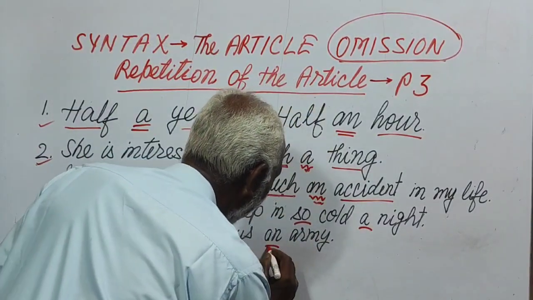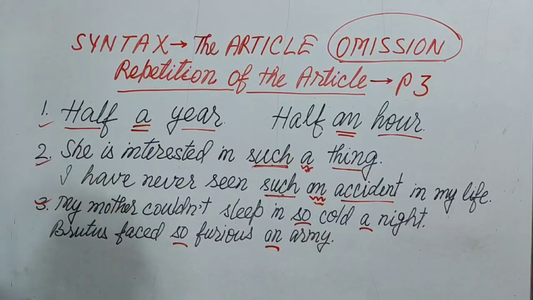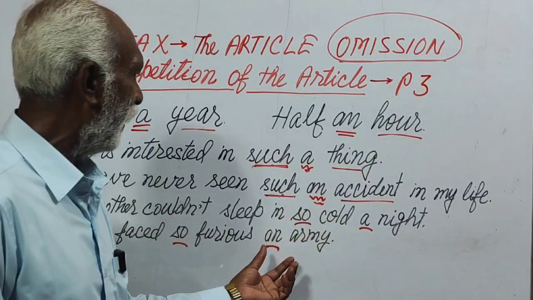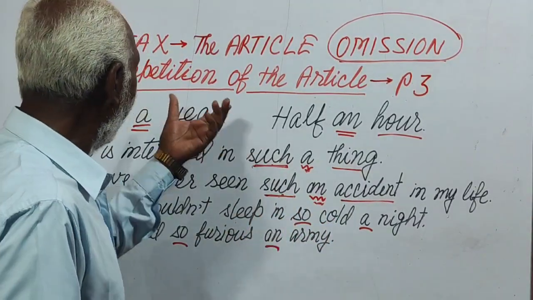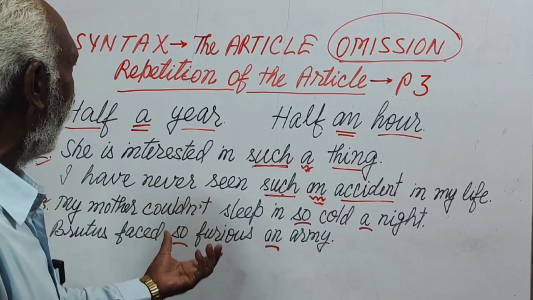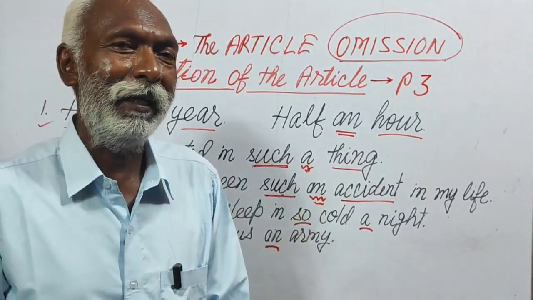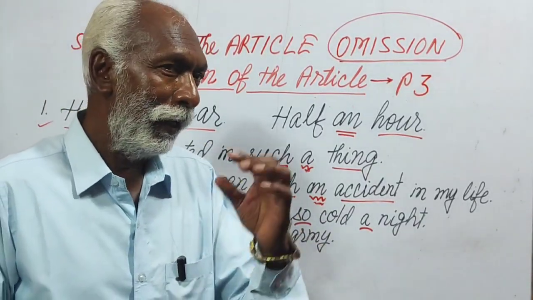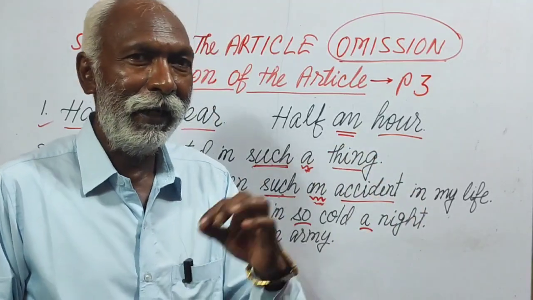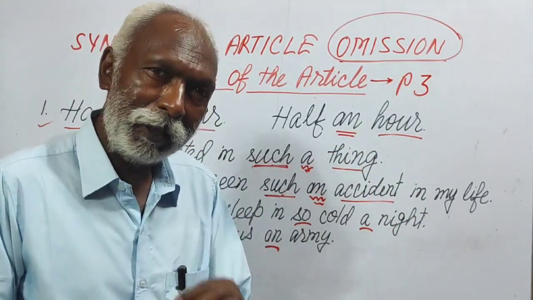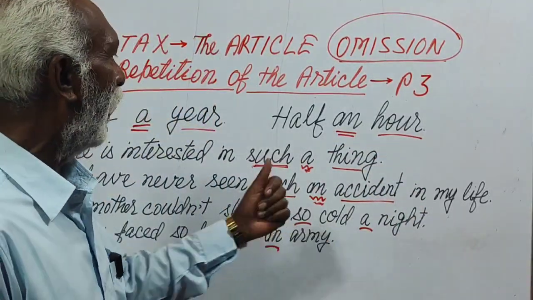A and an. Again, I have used a and an. Here, dear, in these sentences, you have seen a and an. Uses of a and an have been given to you to learn.